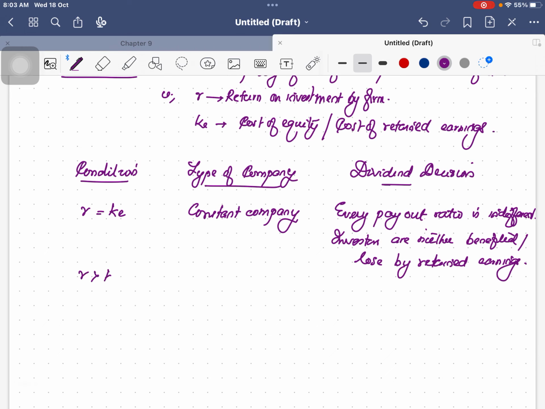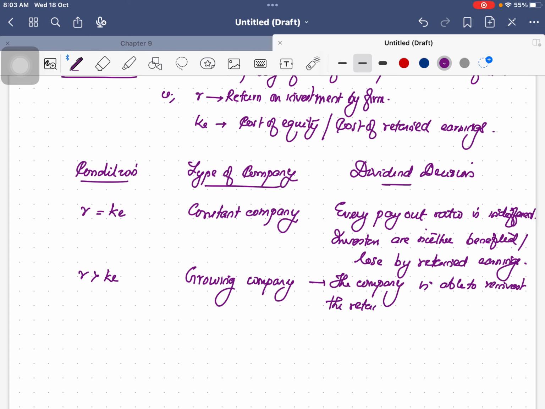Now next, R greater than KE. So R greater than KE means it is a growing company. For a growing company, the company is able to reinvest the retained earnings at a higher return than KE.